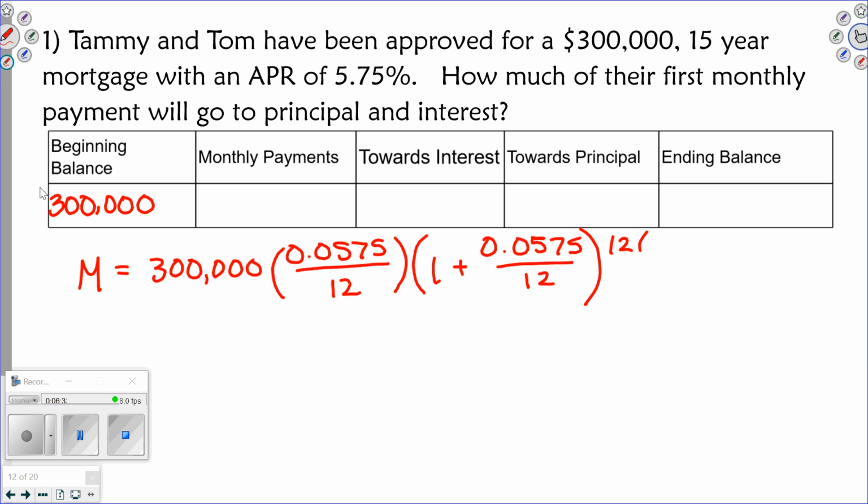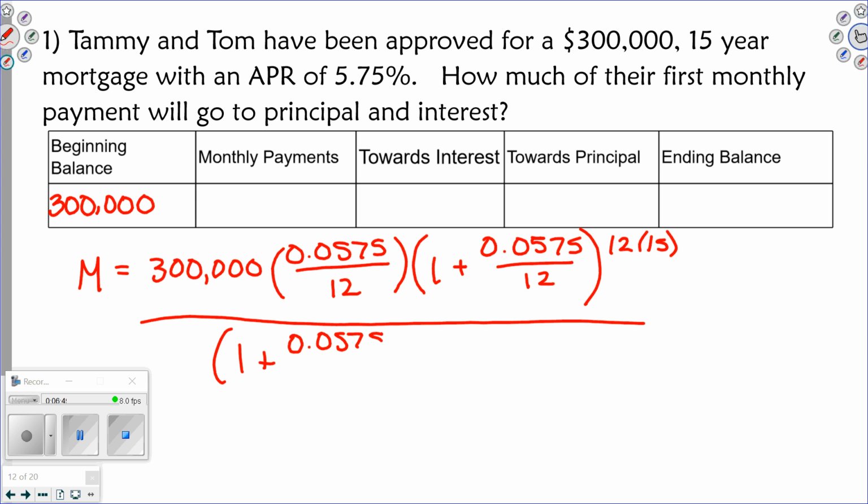Now, for the t here, do I use the 1 over 12 or do I use actually how many years? You actually use the years here. For my years, this is a 15-year loan. Okay, so we have our lovely formula.